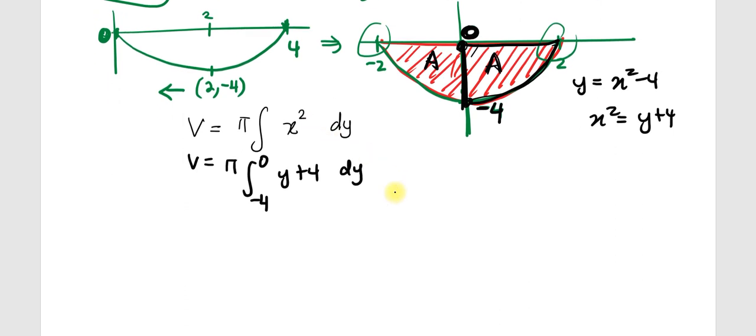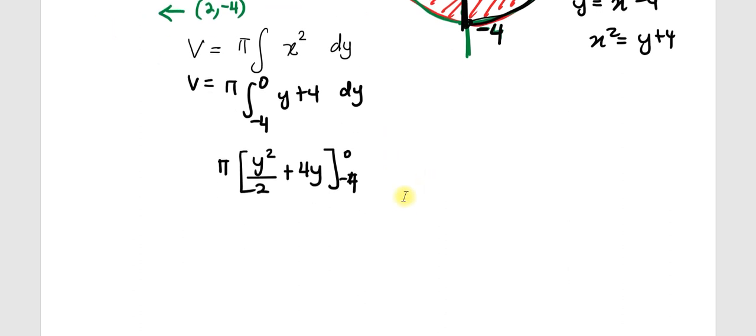So, what do you get? Y squared over 2 plus 4y. And then you need to substitute with the 0 and negative 4. Don't forget your pi. Okay. So if you substitute 0, you might be getting 0 everywhere. If you substitute negative 4, you can show that also actually.